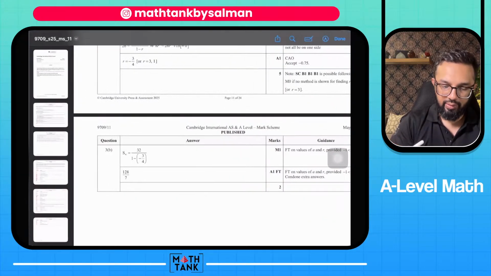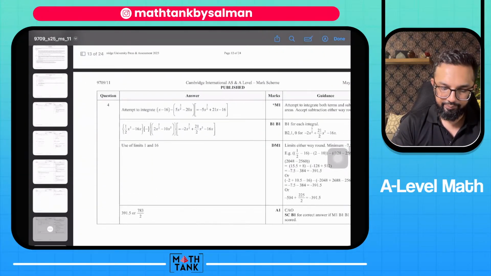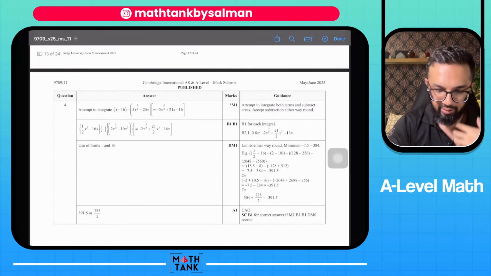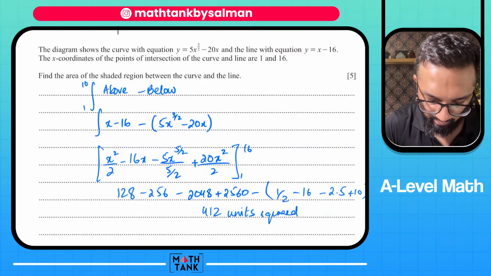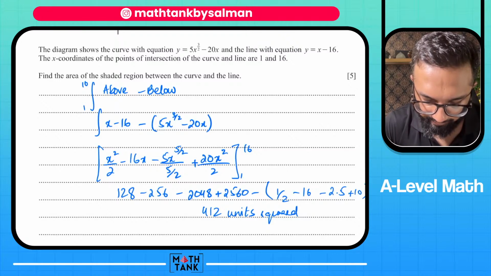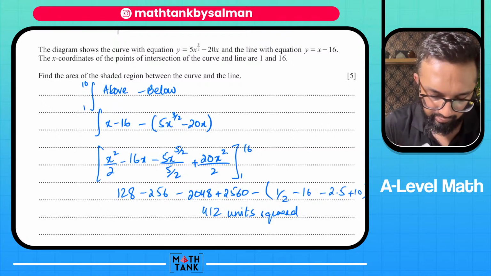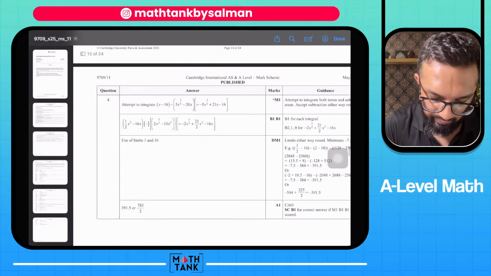Let's check if that is the correct answer. No, I've probably made a calculation mistake somewhere. Let me check my working.